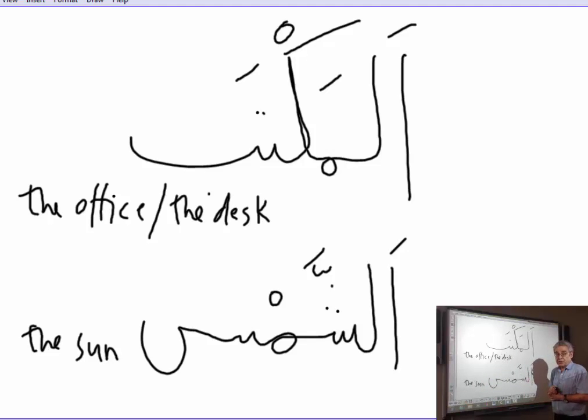Sheen is a sun letter because we don't pronounce the lam. We put shadda instead on top of the sheen, which means that we pronounce the sheen twice. Ash-shams.